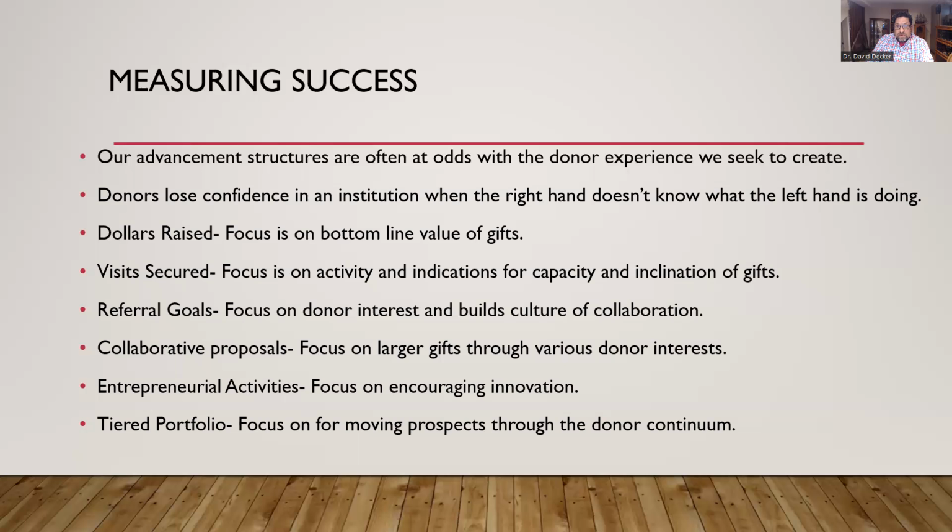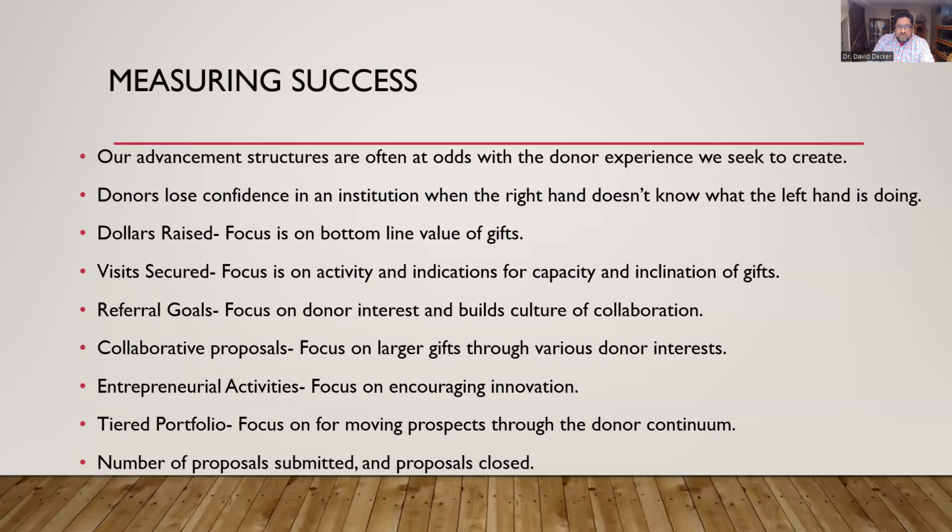What is their ability to move people through those prospect continuums? Even though you may not have a ton of solicited gifts in any one term, if you show that you've been moving people through the continuum, that's going to pay off. That's something that really speaks to future success.